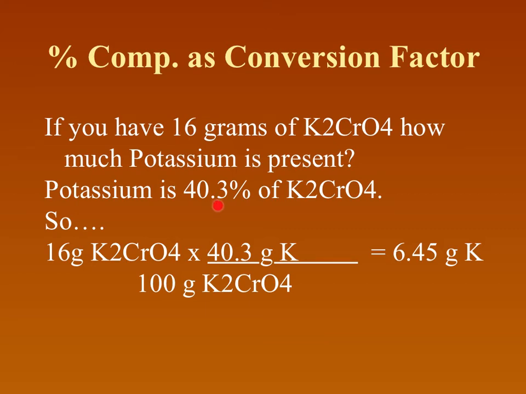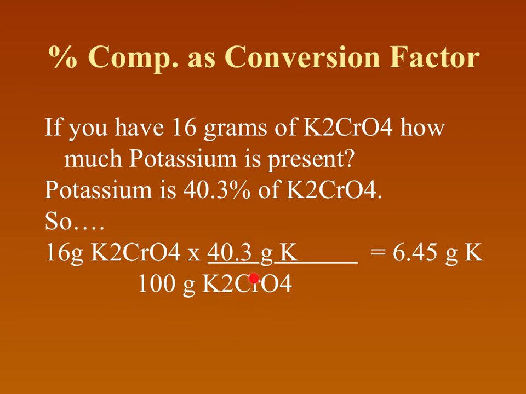We know that 40.3% of potassium chromate is potassium. So this should look somewhat familiar. It's a little bit skewed, but basically this is our railroad tracks again. So you take the 16 grams that you're given of potassium chromate, you have that there's 40.3 grams of potassium in every 100 grams of potassium chromate.